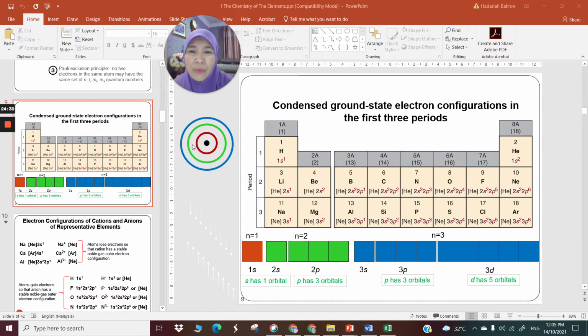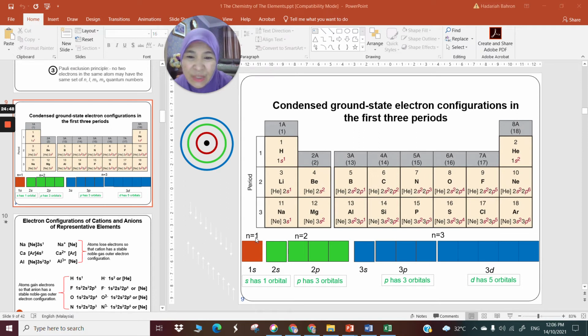Now, when you have an atom, there is a nucleus here. The black one here is the nucleus. And then shell number 1, or n equals 1, is the first layer that is closest to the nucleus.